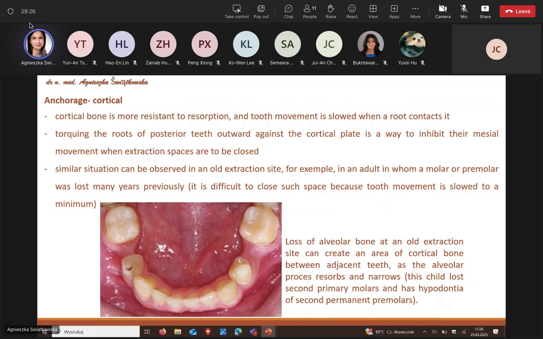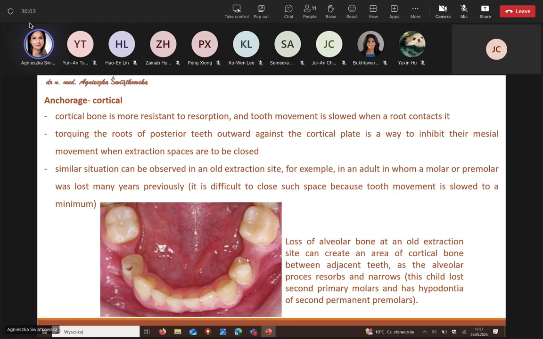Cortical anchorage. This kind of anchorage we can expect if we torque the roots of the posterior teeth outwards against the cortical plate. The same kind of anchorage will be present if the patient lost a tooth or teeth very early. Look at what happens with the alveolar bone.